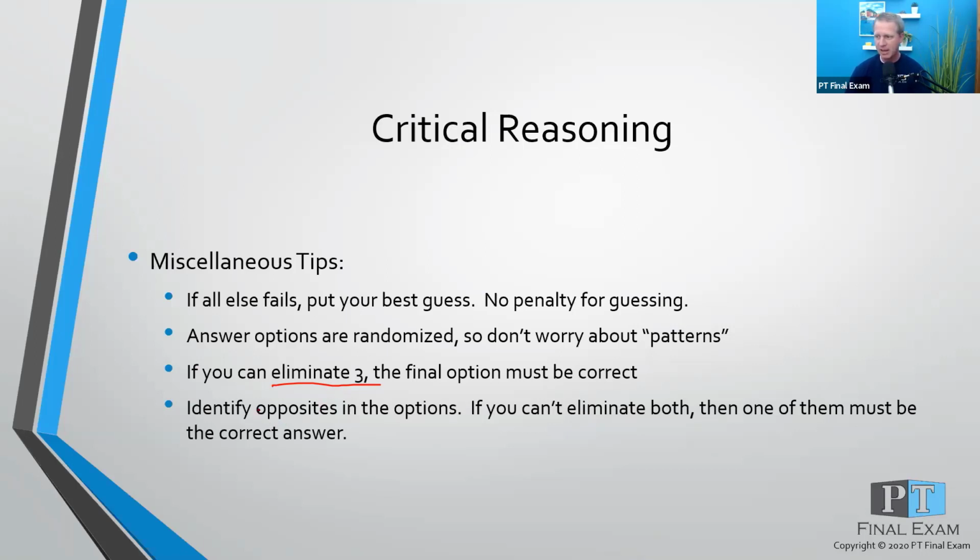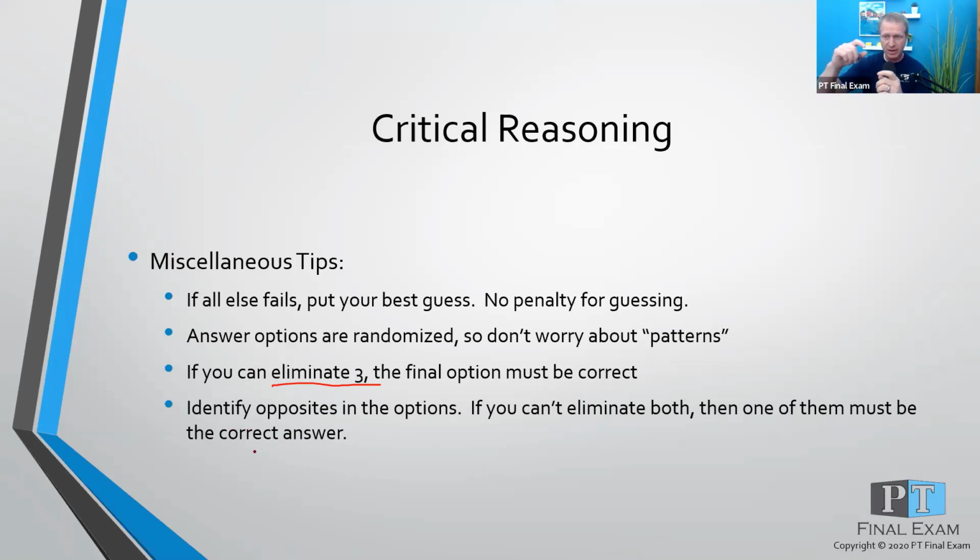And finally, and I don't have it listed on this one, but if the answer is partially incorrect, then it's totally incorrect. So if there were 2 facts contained in an option and one of the facts is incorrect, you can eliminate that option. I've got a practice question coming up that'll show this. And finally, identify opposites in the options.